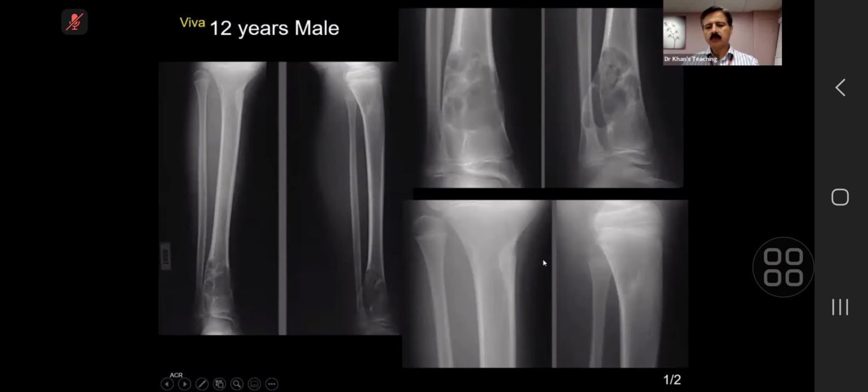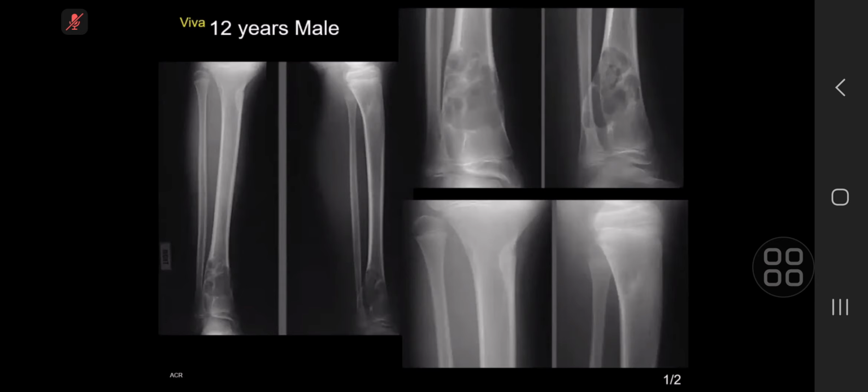Over to you. Okay. So in the distal tibia, in the distal metaphysis, I'd say there is a lucent lesion which has a well-defined margin and is slightly expansile. There is no periosteal reaction, no soft tissue swelling.